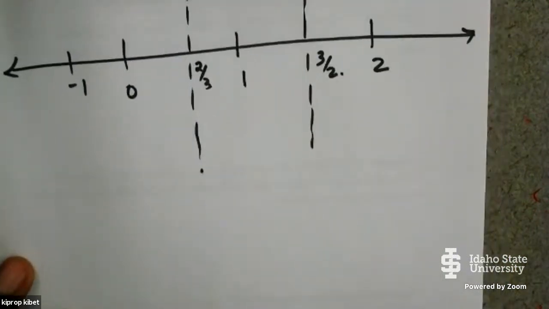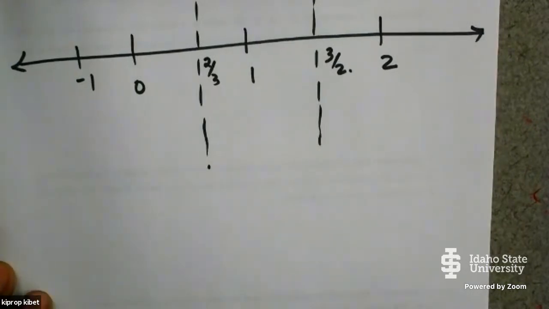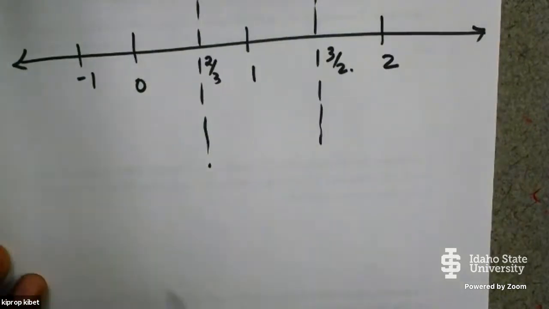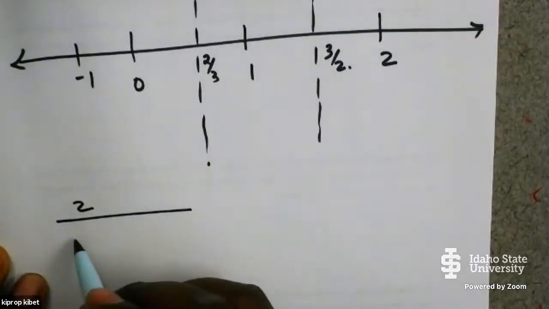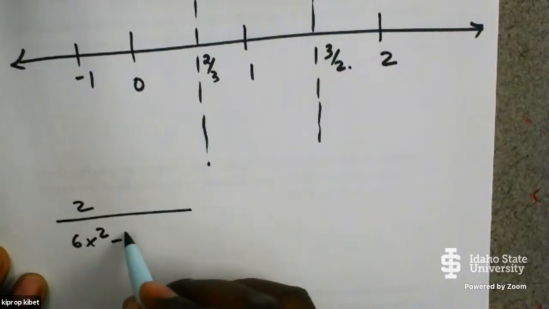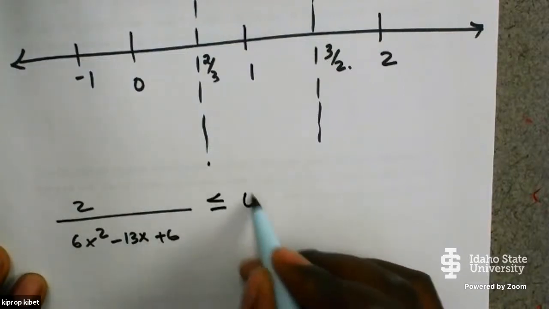Okay? Now, our inequality is 6x squared minus 13x plus 6 is less than or equal to 0.